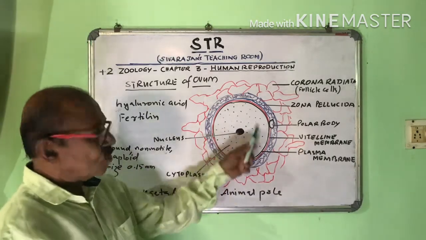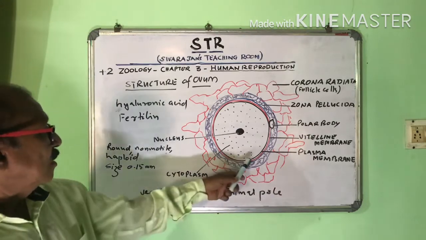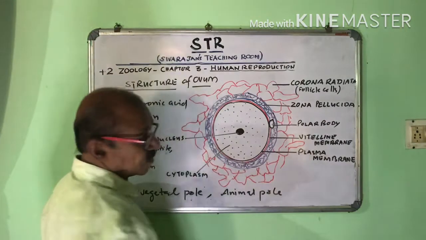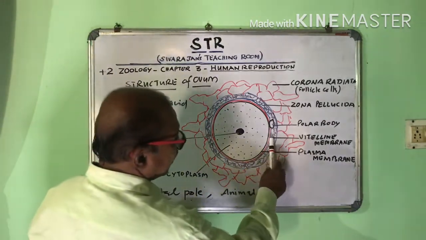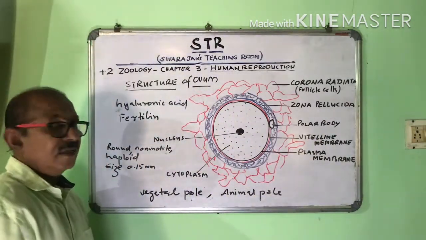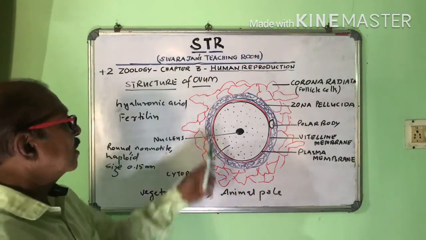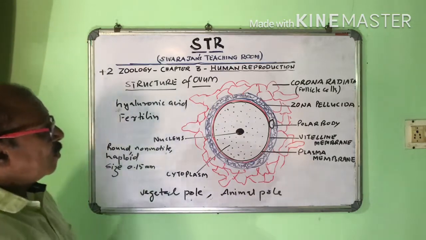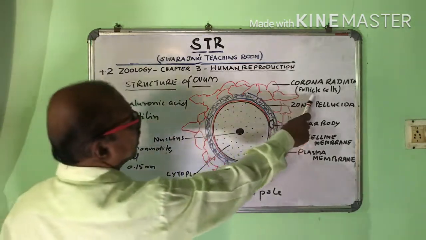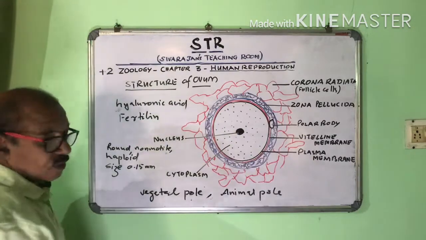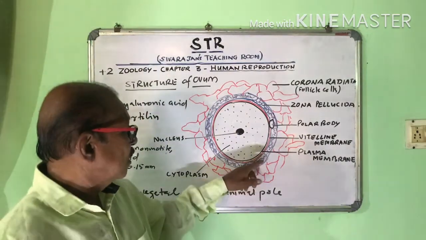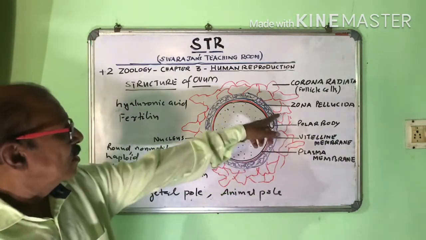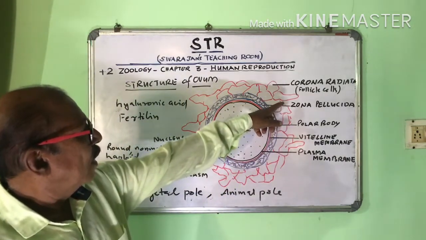It has dense cytoplasm, and the cell is covered by an innermost layer called the plasma membrane. It is covered by another layer called the vitelline membrane, and again by another cellular layer called the zona pellucida, and the zona pellucida is covered by follicle cells. It is called the corona radiata. So there are 4 layers: the plasma membrane, vitelline membrane, zona pellucida and corona radiata.